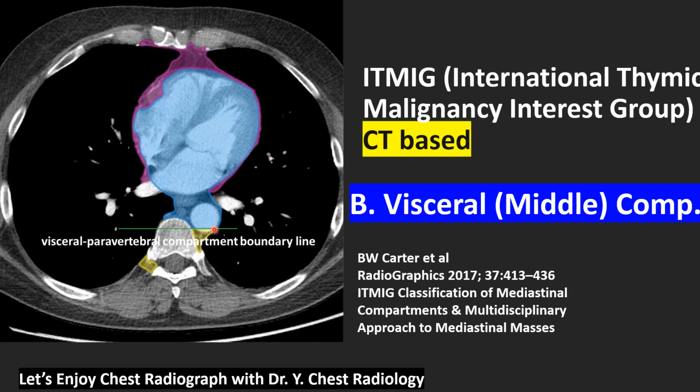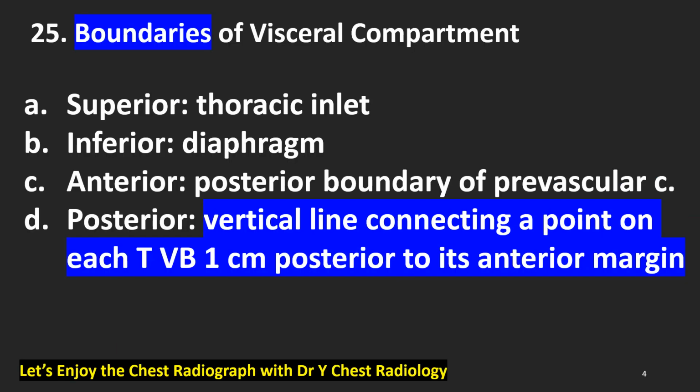Yes, this blue zone is the visceral compartment of mediastinum. The posterior boundary is a vertical line connecting a point on each thoracic vertebral body 1 cm posterior to its anterior margin.